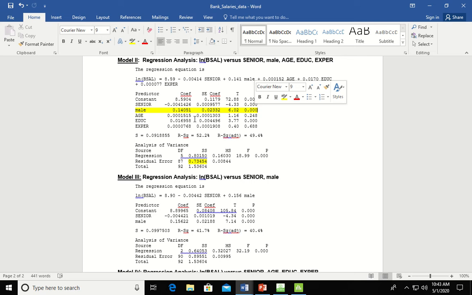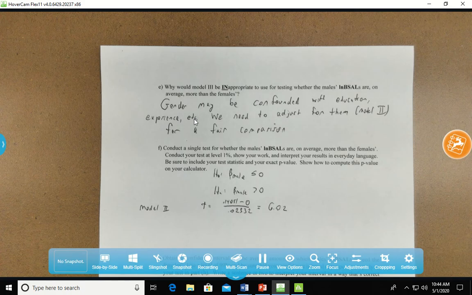If you wanted to, you could write t equals 0.14051 minus 0 over the standard error of 0.02332, but that's going to give you 6.02 for your t-statistic. Well, I wrote it. You don't have to write it.